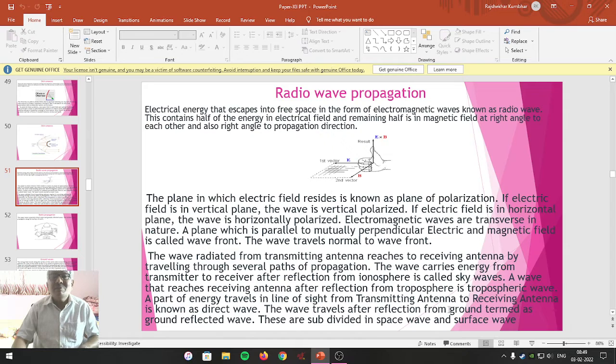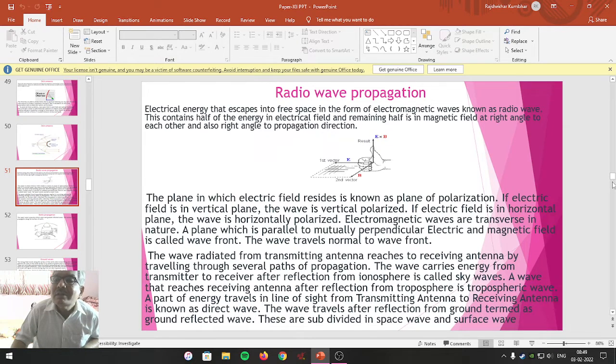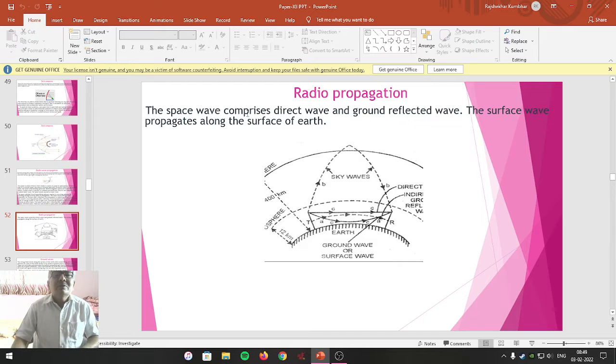These are the different types of waves used for carrying the signal information between transmitting and receiving antenna in space or in the atmosphere. The space wave comprises the direct wave and ground reflected wave. The surface wave propagates along the surface of the Earth.